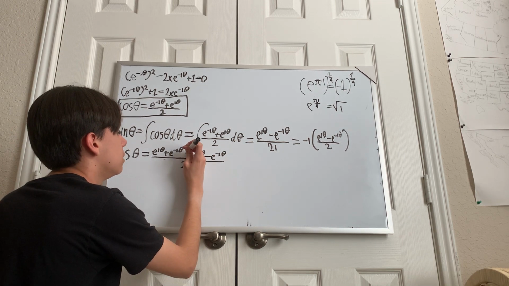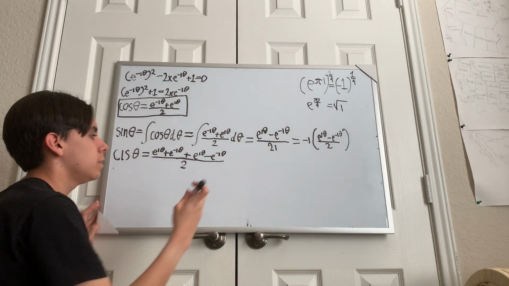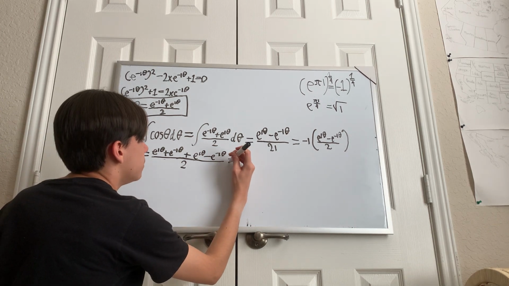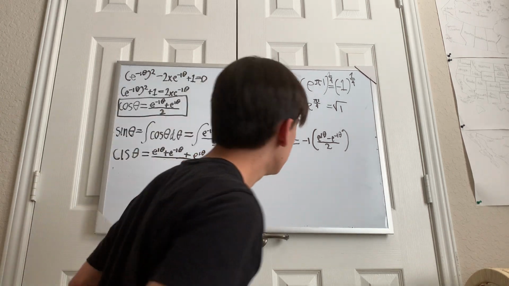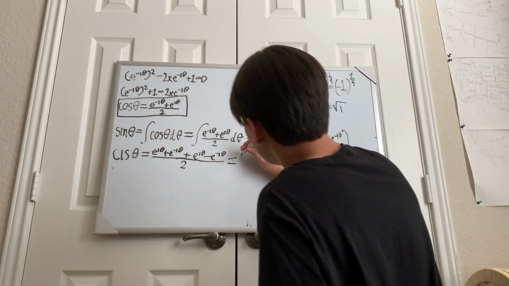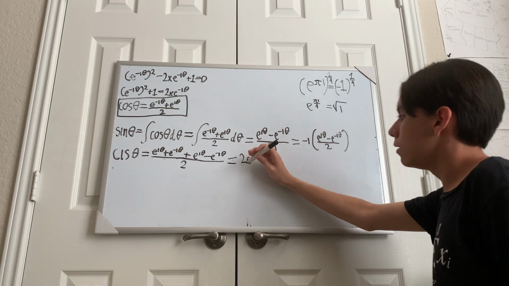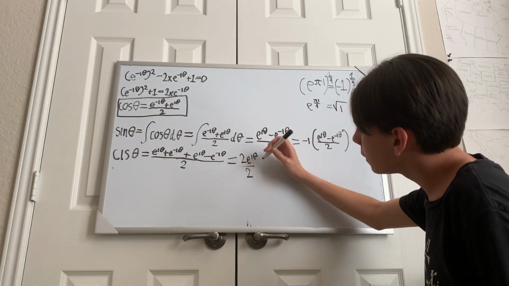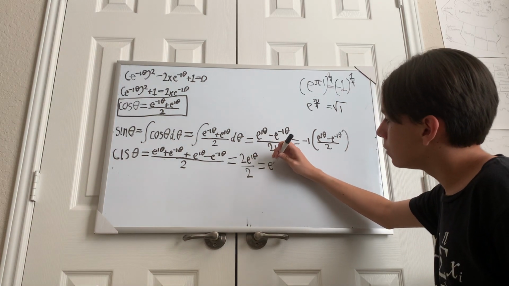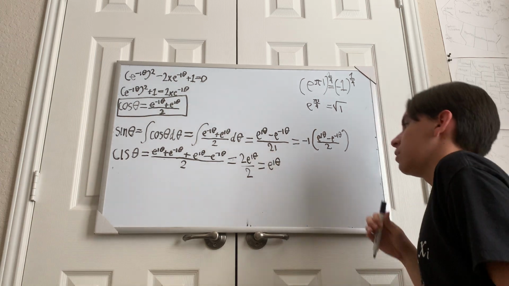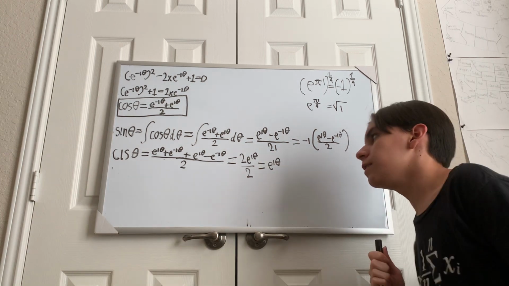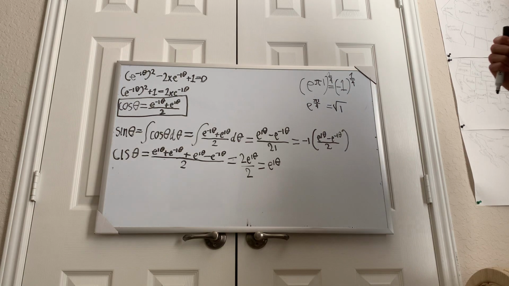So it becomes this, and the e to the negative I thetas cancel out, and we get 2e to the I theta over 2, which is just e to the I theta. So we get that cis of theta is equal to e to the I theta.